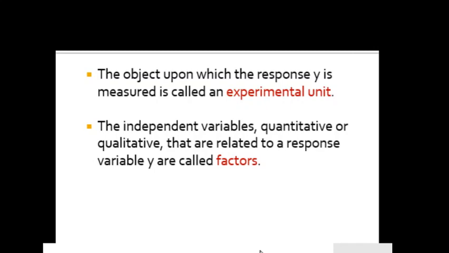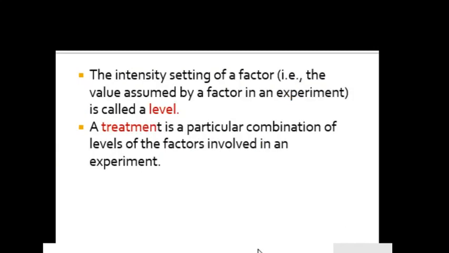The independent variables will be the x variables. They could be either quantitative or qualitative, and in relation to these, we measure the response variable y. These independent variables are called the factors. The factors in the experiment will have various values or various settings. These values are called levels. A treatment is a particular combination of these levels of the various factors involved in an experiment.